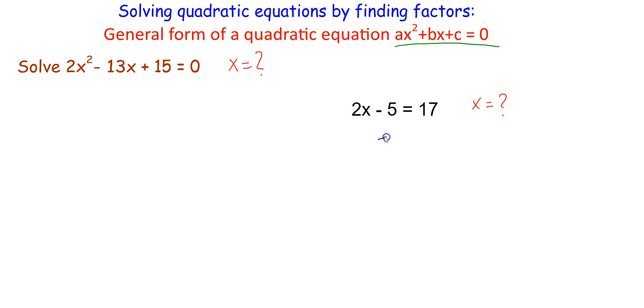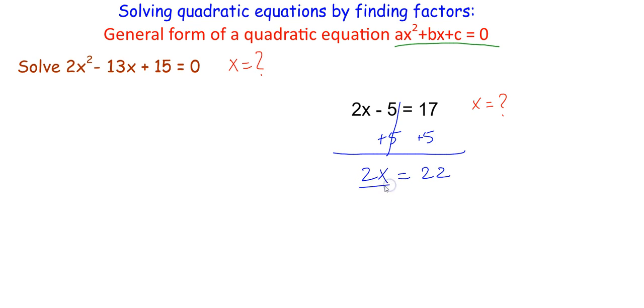You know that you have to add 5 on both sides to cancel out that negative 5, and then you get 2x is equal to 17 plus 5, that is 22.